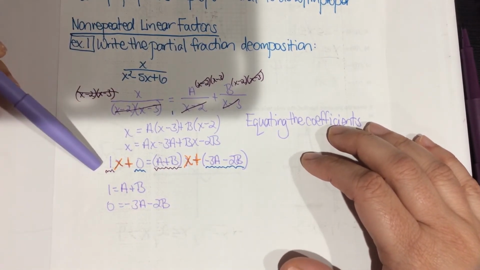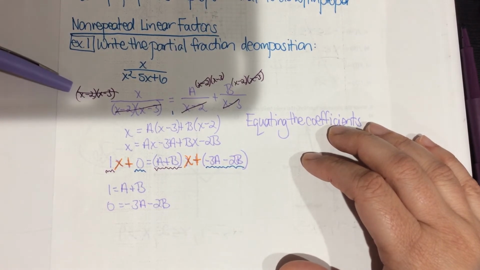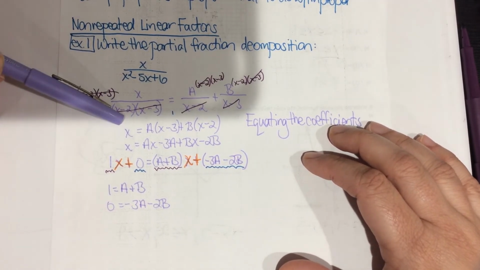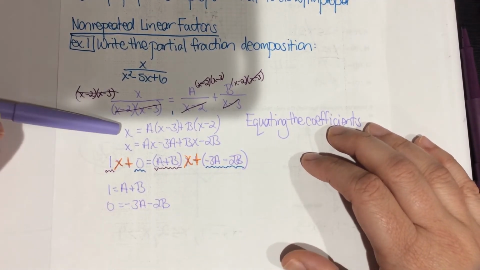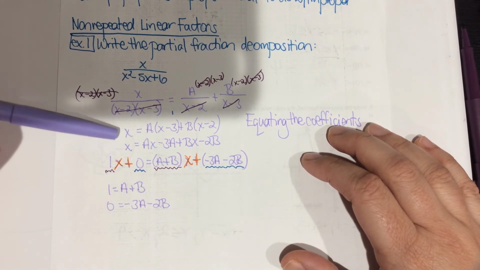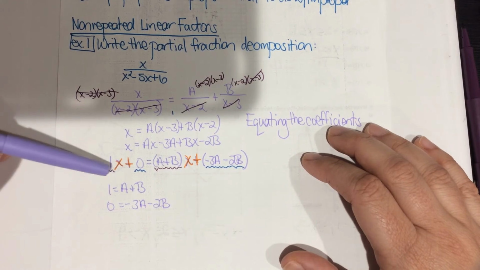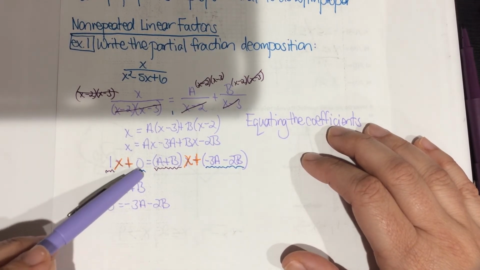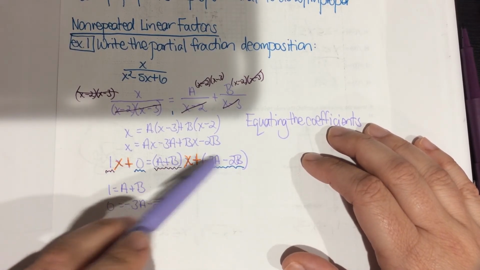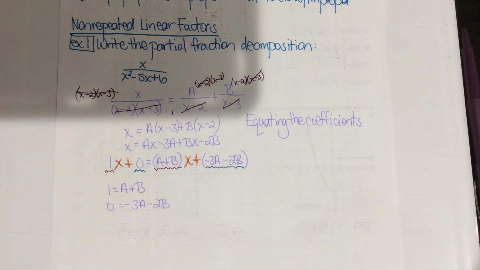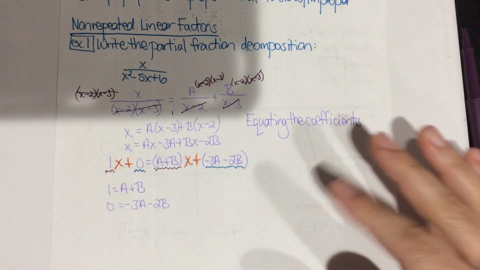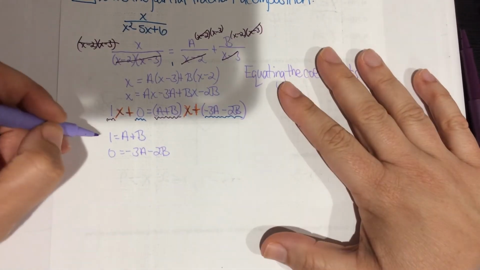So in the equating the coefficients method, first we're multiplying by the LCD to get rid of fractions. Then we are distributing to get a like setup on both sides. So whatever's in front of x, and then there's a constant term, on both sides. And then from here it's an Algebra 1 problem. So we're going to solve this system of equations.